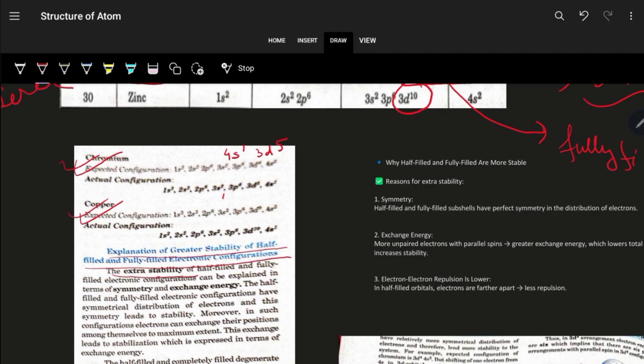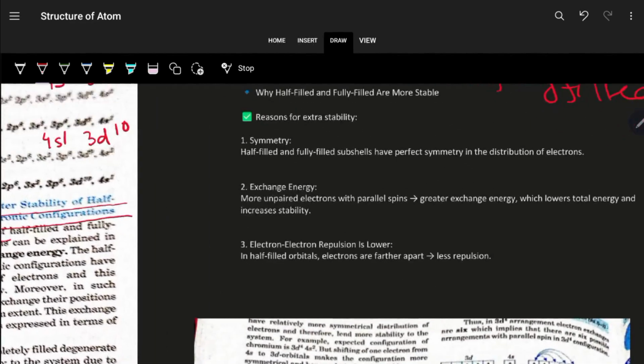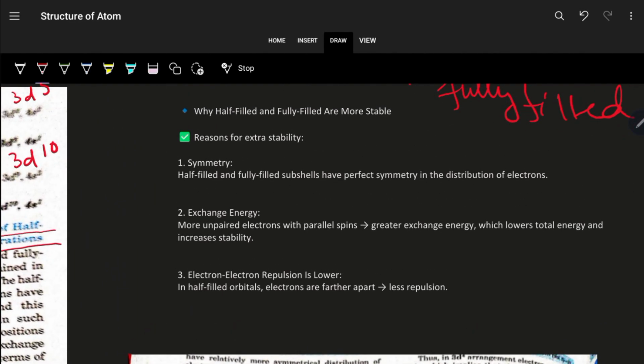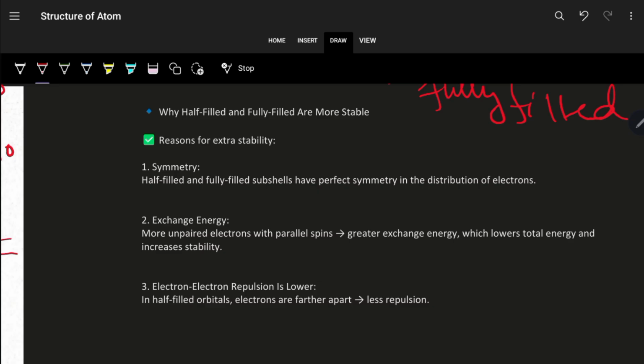And here what is it? 4s1 and 3d10. Okay, so reasons for the extra stability, this is what I have jotted down. It is due to symmetry, due to exchange energy, and due to lower electron repulsion.